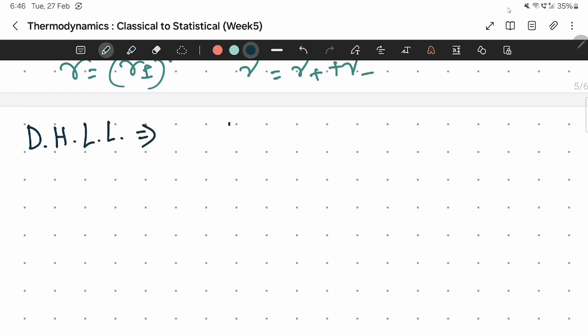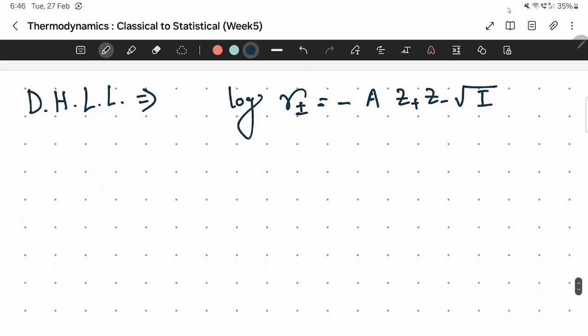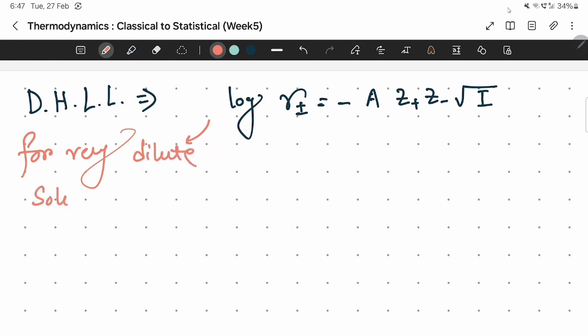Log of gamma plus minus is minus A z plus z minus into root over I. This equation has a limitation for very dilute solutions, because there was a denominator that we have omitted, approximated, considering a very dilute solution.